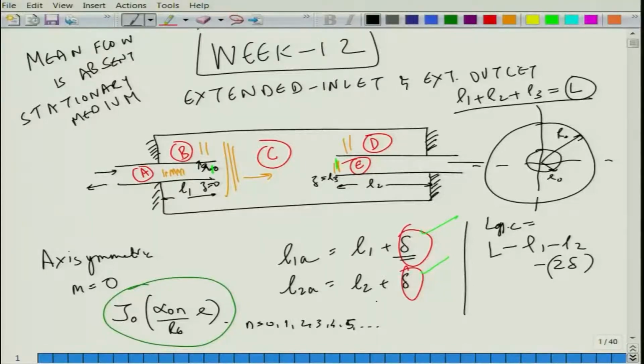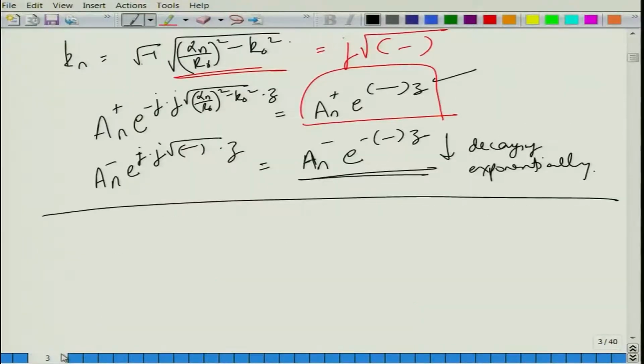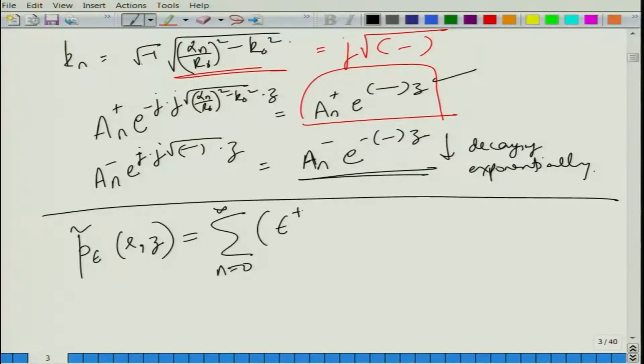The solution for the port E, let me deal with that thing. Since I am dealing with the inlet and outlet ports, how about I just write down the solution for that as well. So this is R, Z, and this is equal to the sum from n is equal to 0 to infinity of E plus, E minus, xi.